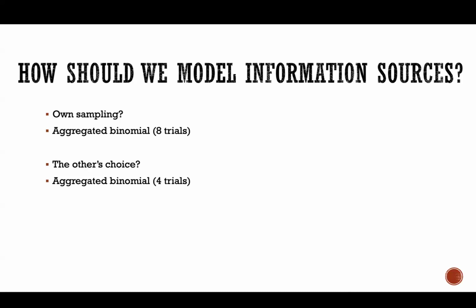Okay. Yes. But this is actually a richer form of information, right? We can say this is actually an aggregated binomial. So it's a sequence of independent sampling from the urn.